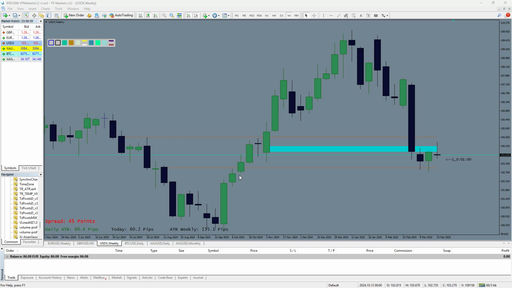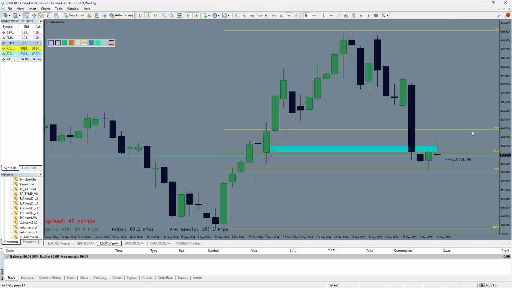You can see that there has been a big rally in the US index and then we had a drop. And that drop has come to the discount zone. Here is the equilibrium, and this is like 71%. What do you see here?